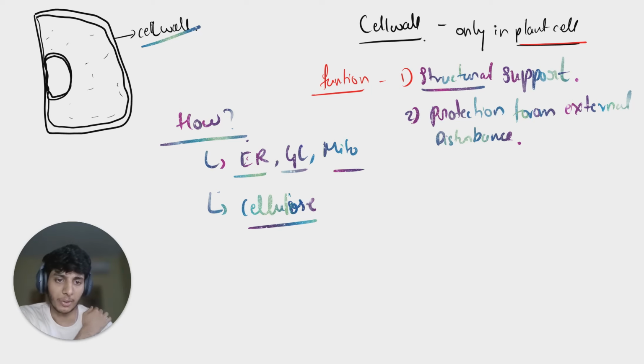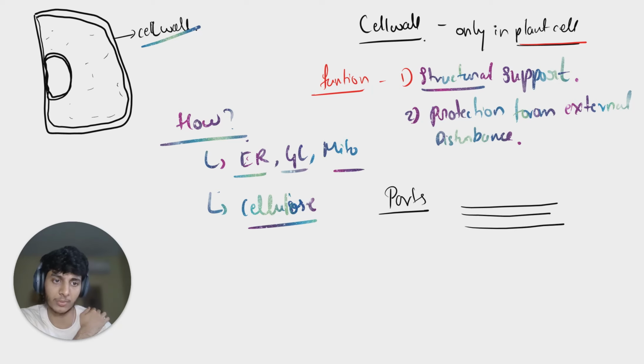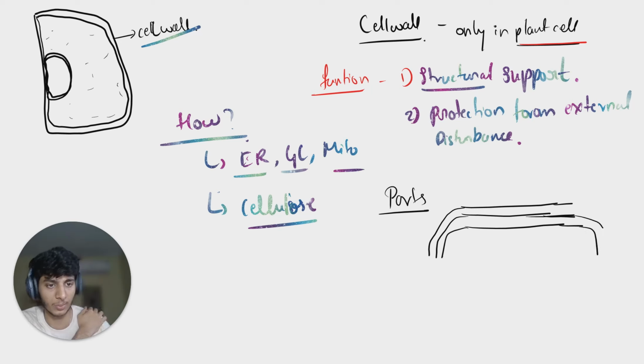There are three parts. If this is the cell membrane, and this is the cell wall, it is made up of three components.